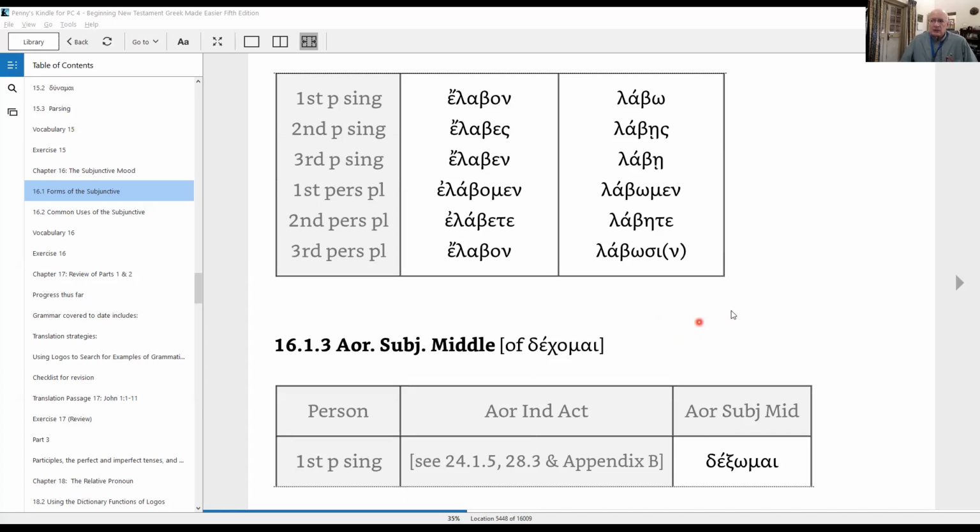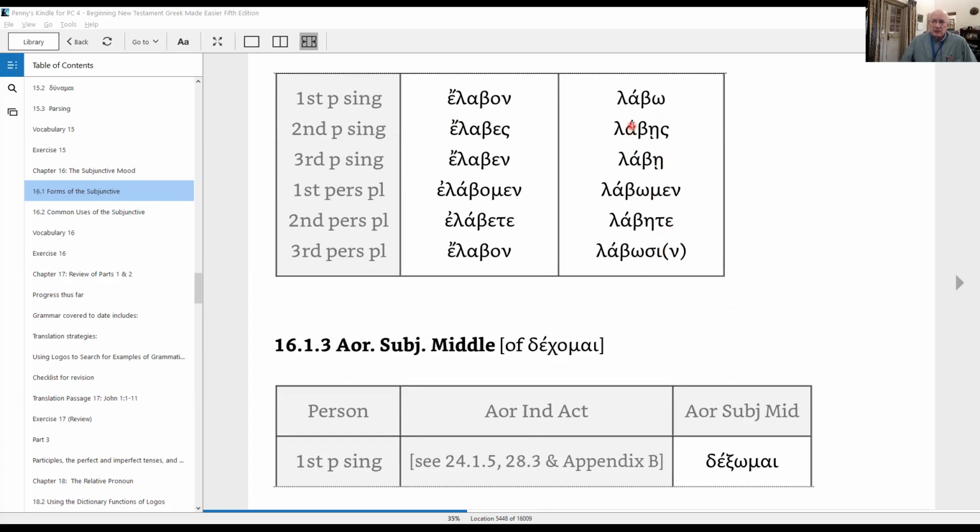Notice the strong aorist subjunctive, again, the initial augment in the aorist tense drops off because we don't have it outside of the indicative mode. And the subjunctive endings are again the same. O, eis, e, omen, ete, osin.